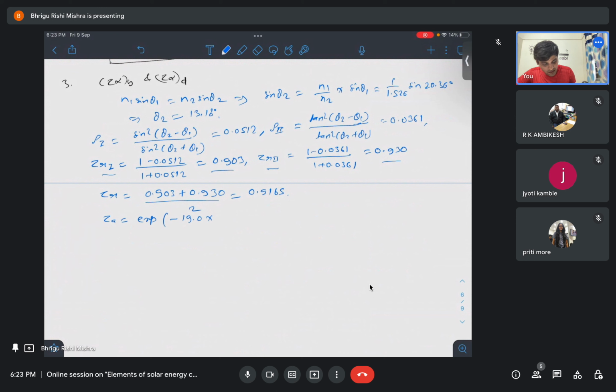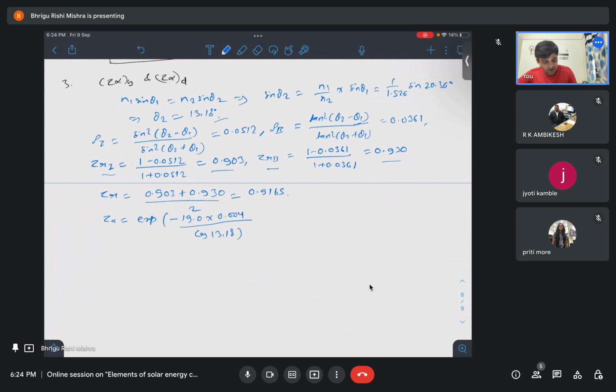So 19 into 0.004, and since it is not the normal incidence, there is a division by cos theta 2, and theta 2 is 13.18, which we have calculated already. If you solve this, it comes around 0.925.